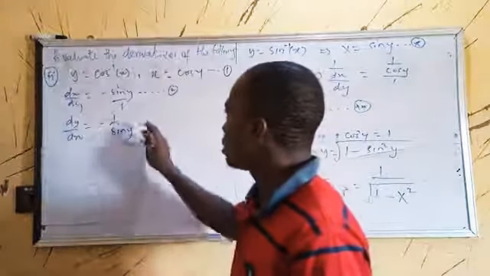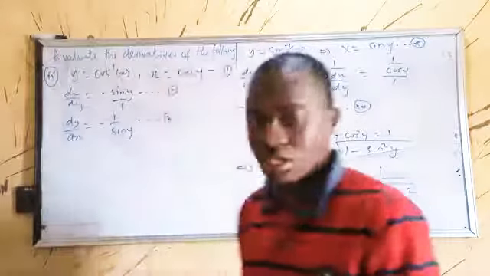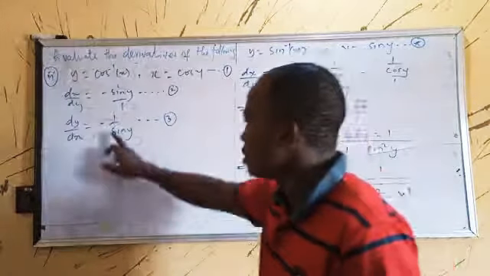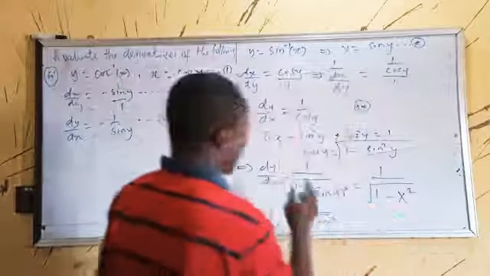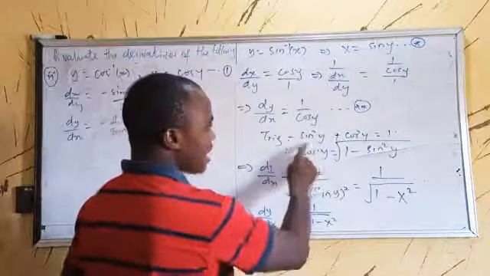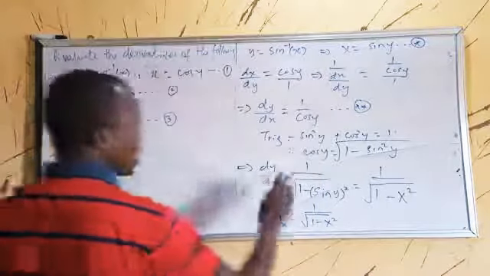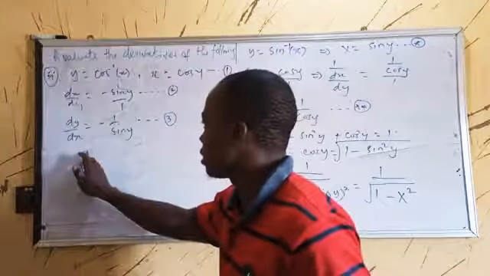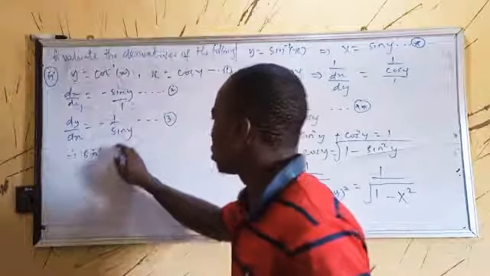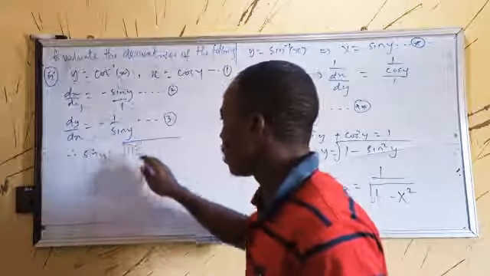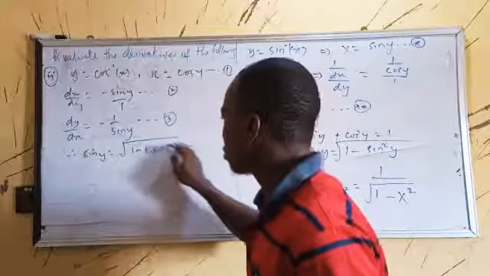So now from what we did here, we are going to do the same thing here also, because from this trig identity, if you make sine y the subject of formula here, we are going to have sine y equals the square root of 1 minus cos y all squared.